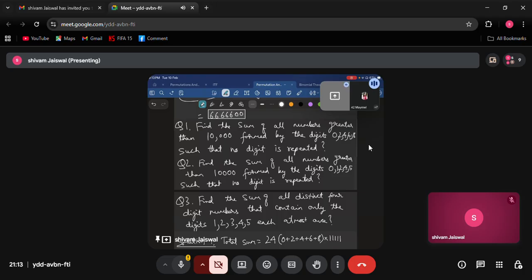Raktim, your answer is correct. Nemil and Anandit, pay attention. We need to find out the sum of all the numbers greater than 10,000 formed by the digits 0, 1, 2, 4, 5. So, see question number one.